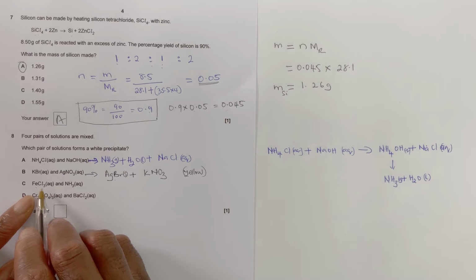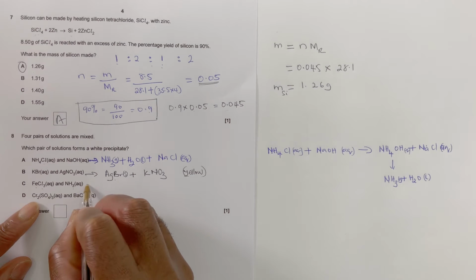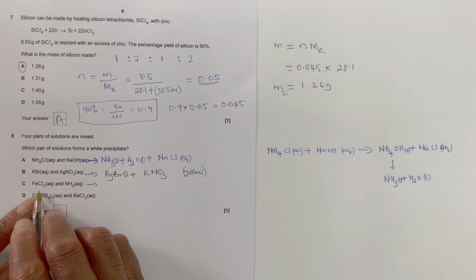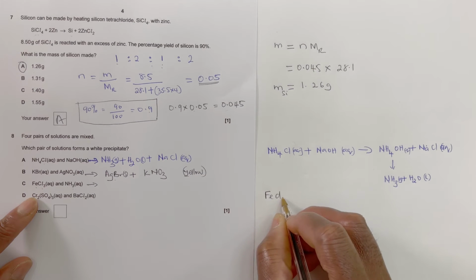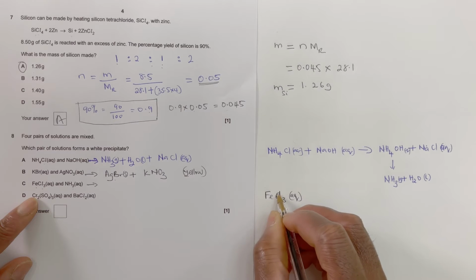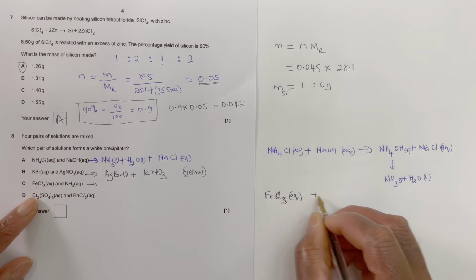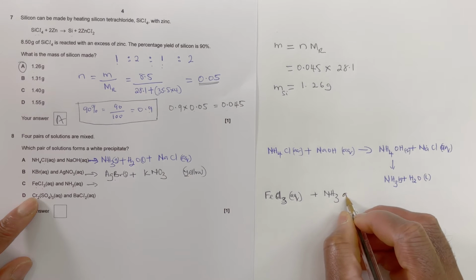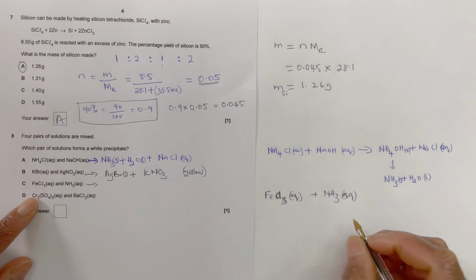Iron chloride and ammonia, aqueous. So ammonia dissolves in water. Well, this one is a bit tricky. So let's write that here. Iron chloride, aqueous. That means in water. That's why it says aqueous. Plus ammonia, NH3, again in water. So there's a lot of water around.